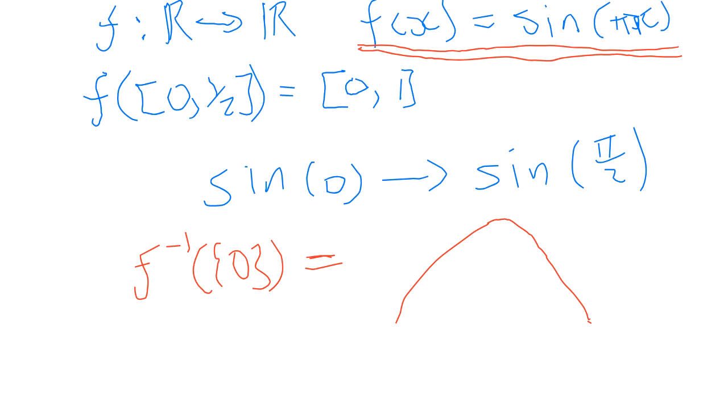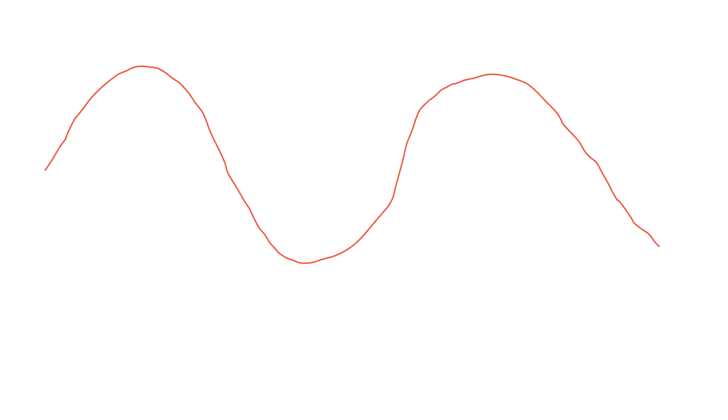What's the sine of 2 pi? This is 0 to 180. I'm going to mark all the zeros. The first one is the sine of 0. The second one is the sine of 1 pi. The third one is the sine of 2 pi.